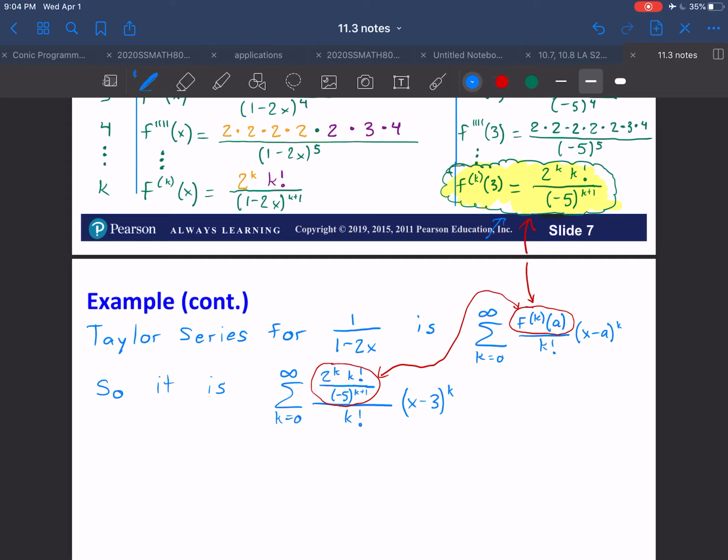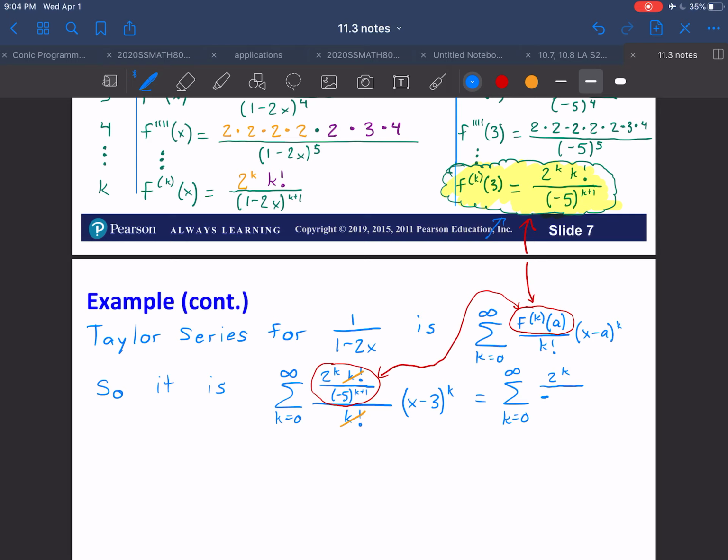All right, so we can do some simplification here. Notice that there's a k factorial on top and a k factorial down here, so those conveniently cancel. And so we can rewrite this now as the sum from k equals 0 to infinity of 2 to the k divided by, and I'm going to split that negative 5 to the k plus 1 into two pieces.